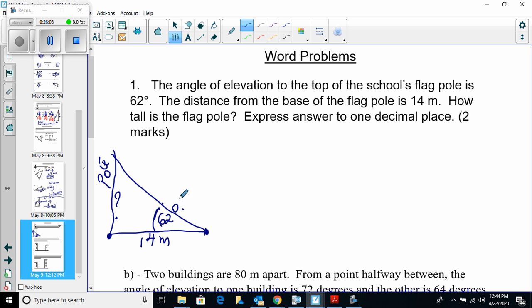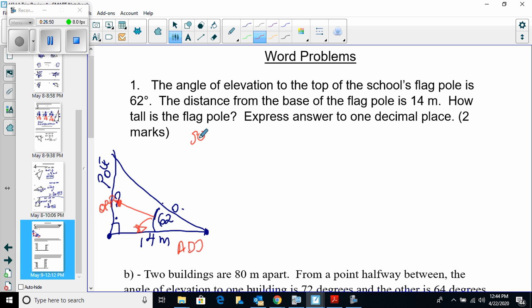In this right angle triangle, because we are assuming that the pole is at 90 degrees, the 14 is the adjacent side, because it is supporting the 62 degrees, and the height of the pole is the opposite side, because it is opposite to 62 degrees.